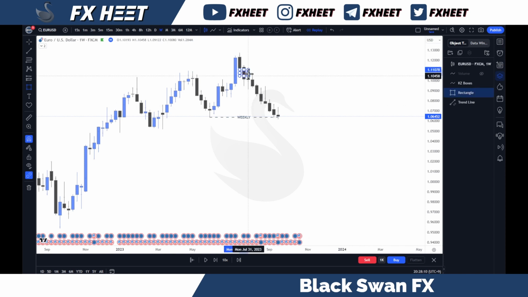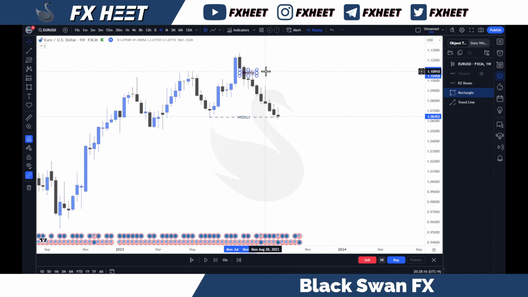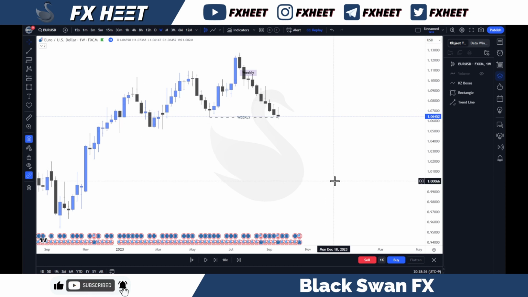There is a weekly fair value gap here, looks to have already been tested. Aside from that, I don't see anything else. Maybe a small little gap right there. Not sure if it's worth noting. Nothing really on the weekly time frame.